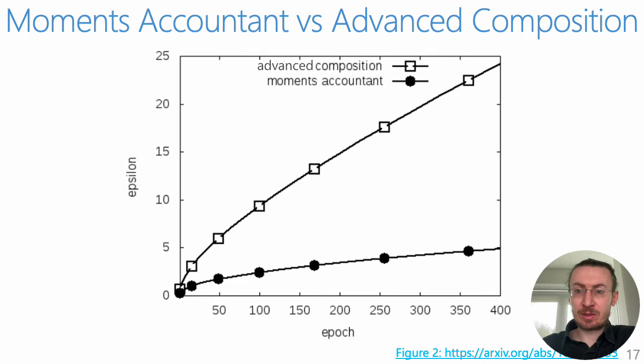If the number of epochs is increased to 400, this value for the moments accountant is only roughly 5, whereas for advanced composition it's approaching 25. So this shows that the moments bound achieves much tighter privacy guarantees than the one via advanced composition. The latest work also audits DP-SGD and shows that this privacy analysis through the moments accountant is not far from the optimal one.